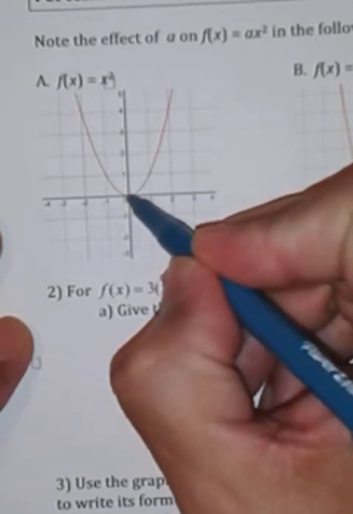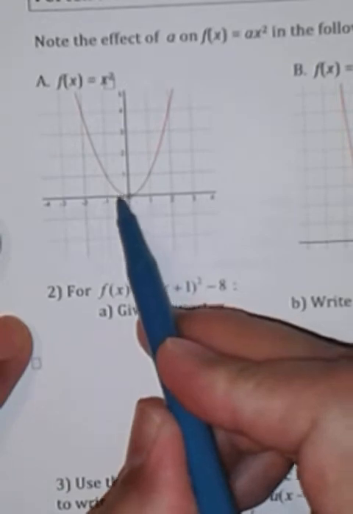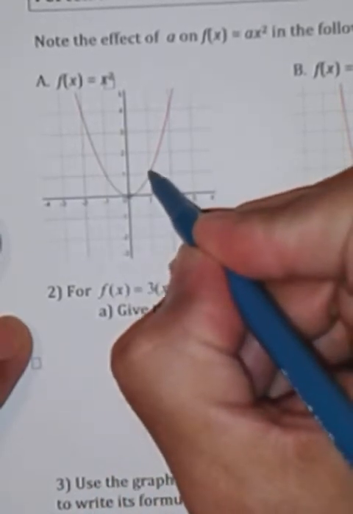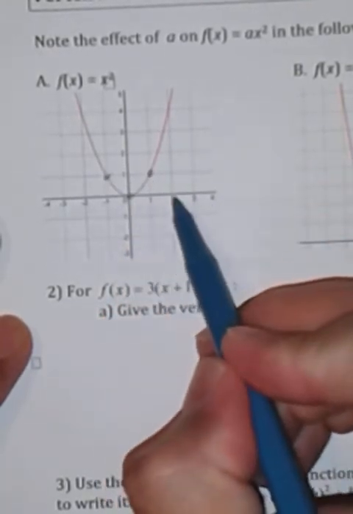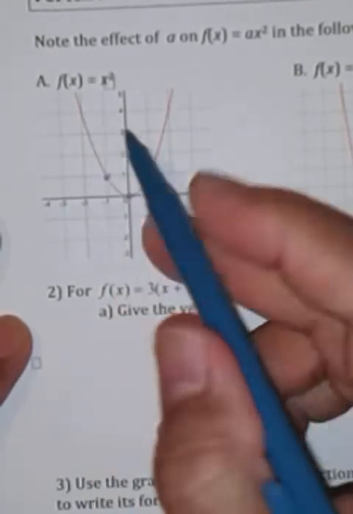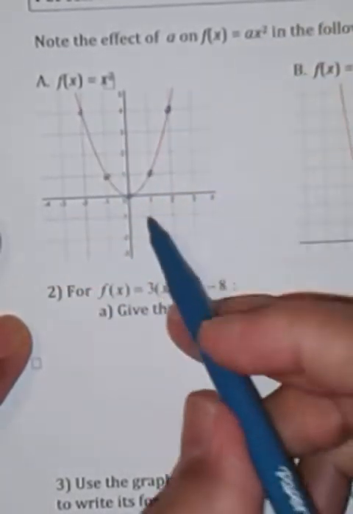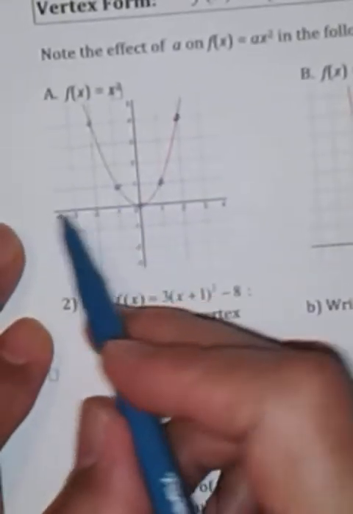From the vertex, if we go 1 to the right or 1 to the left and 1 up, there's a point on the graph. If we go 2 to the right and 4 up, or 2 to the left and 4 up, there's another point. And if we go 3 to the right and 9 up, or 3 to the left and 9 up, we'll hit another point.